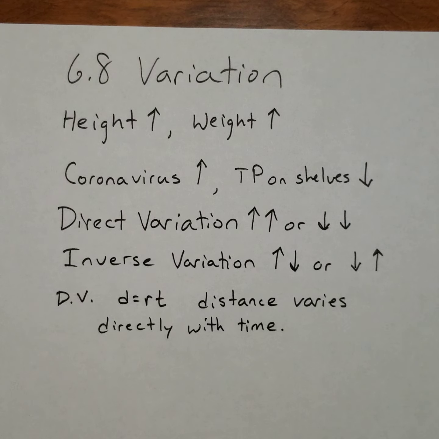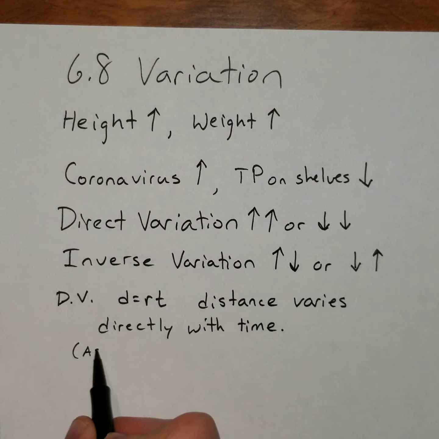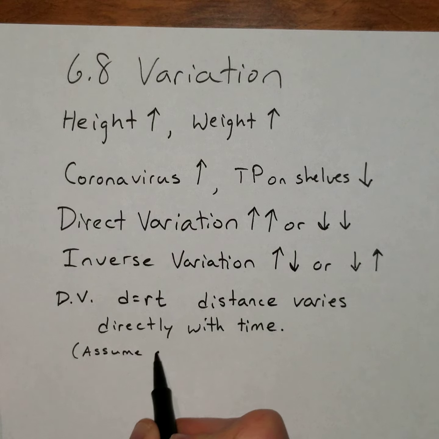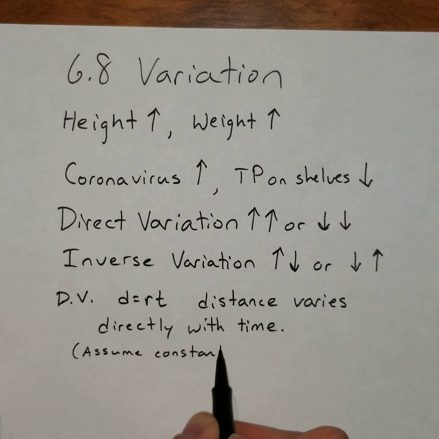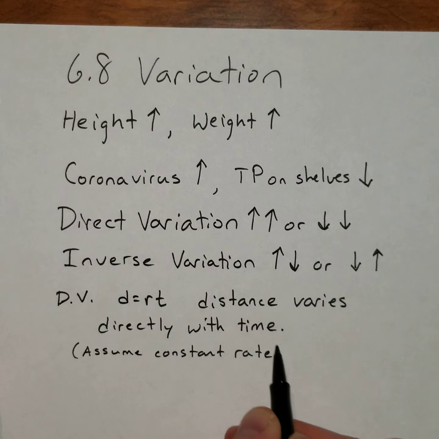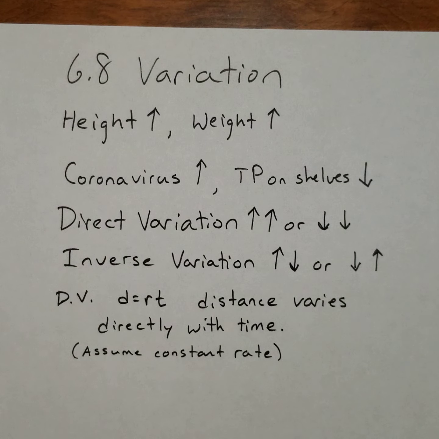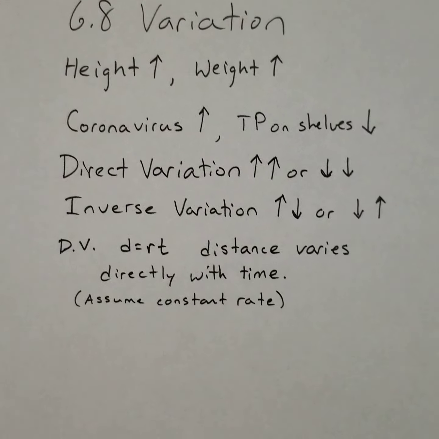Now, in that equation, in order to get a direct variation, we have to assume a constant rate. So you have to assume the rate isn't changing, right? So if you set your cruise on the highway for 70 miles per hour, this would then be an example of direct variation.